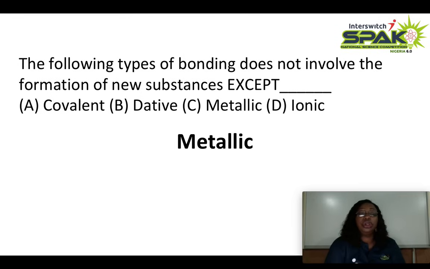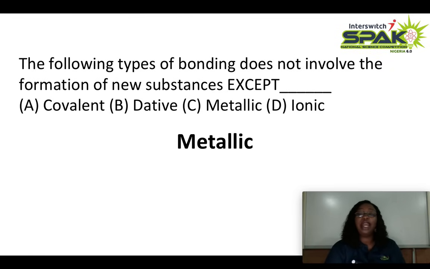Metallic does not result in any substance being formed. But for covalent, for example, when hydrogen reacts with chlorine, you have hydrogen chloride gas produced as a new substance. For dative, for example, a hydrogen ion reacting with ammonia gives you the ammonium ion, which is a new substance.